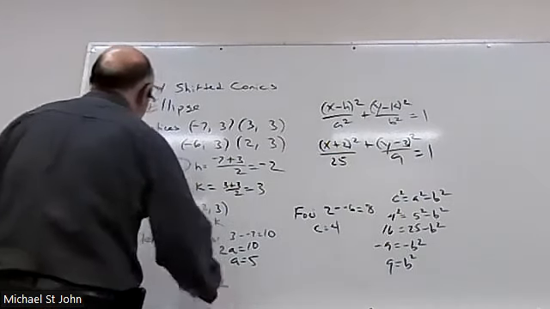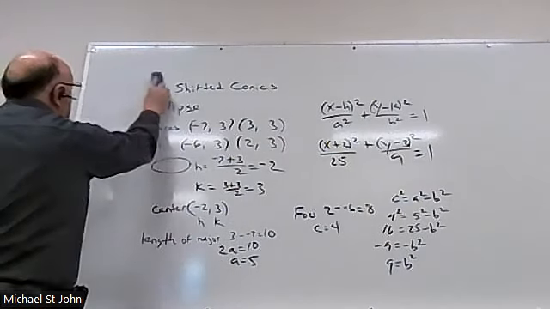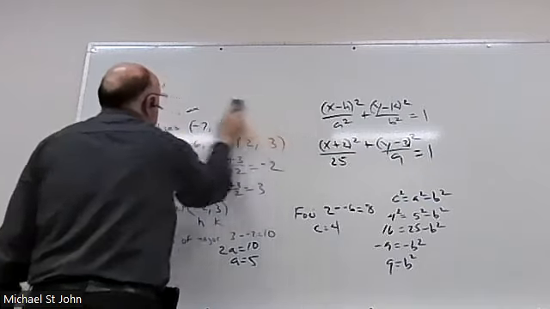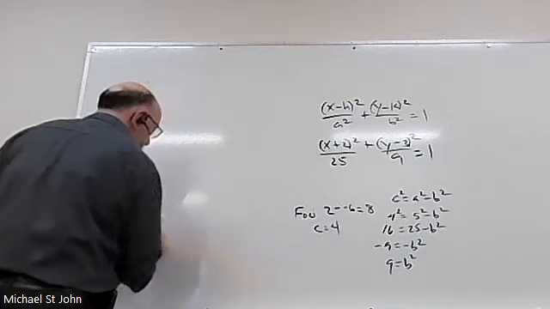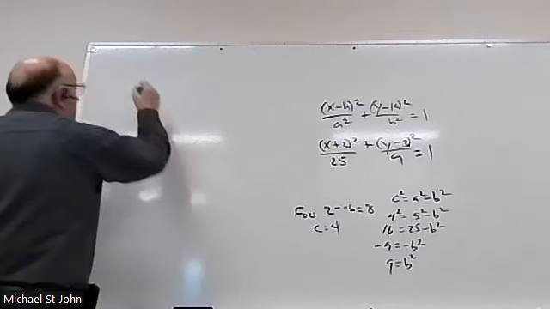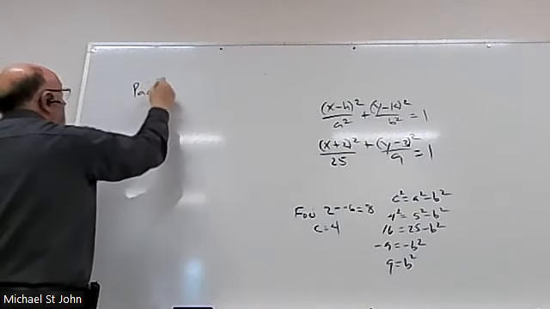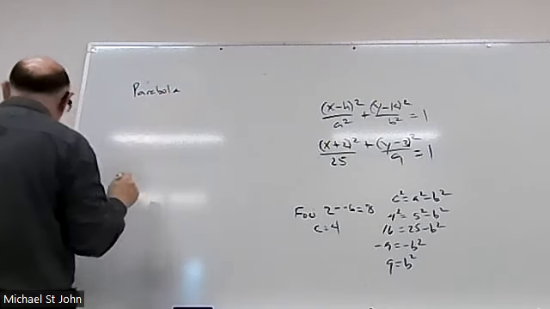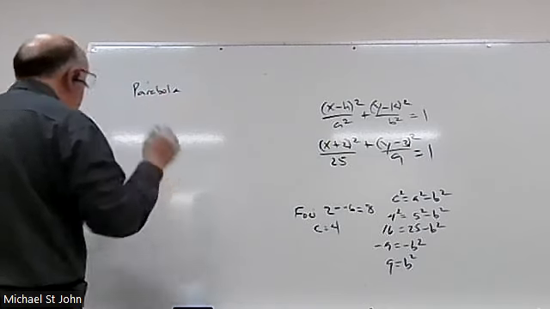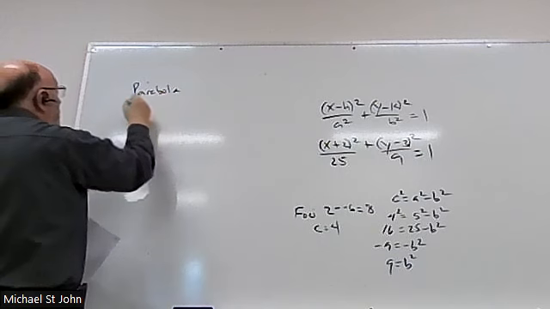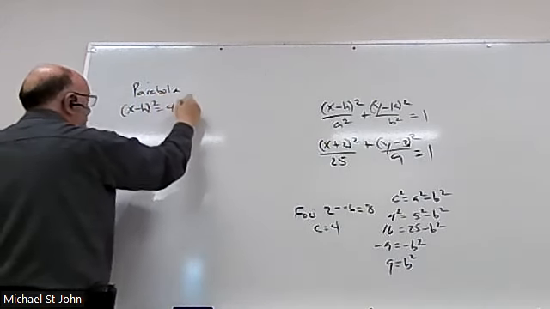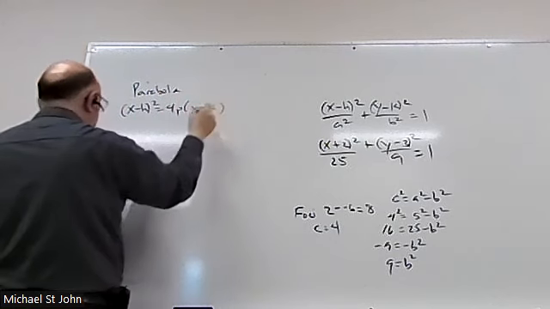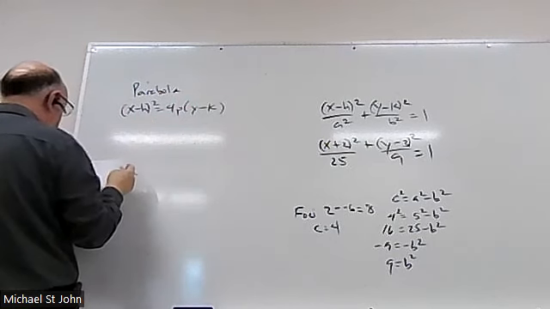Let's do another one. In this case, let's do a parabola. For a parabola, again, it depends on which way it's running. Let's actually get both forms up here. Again, it will be part of the notes, part of a handout I will give in class tomorrow.